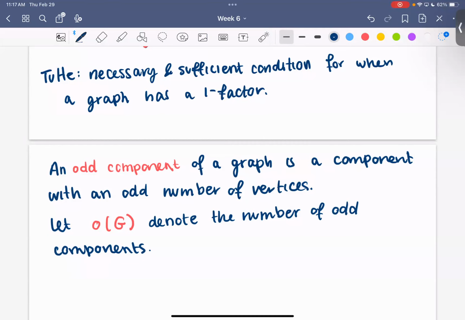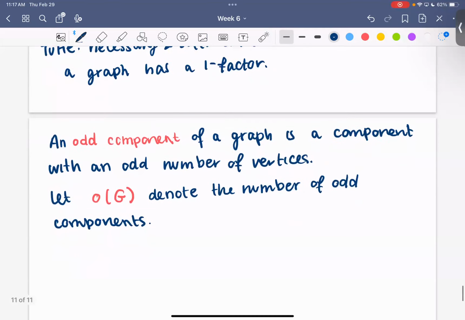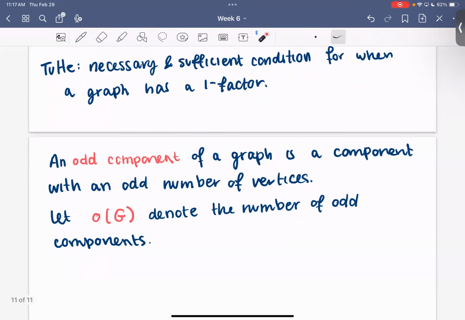Okay, so we're going to do some reasoning to find a condition, and this will end up being called Tutte's condition, which also turns out to be sufficient.